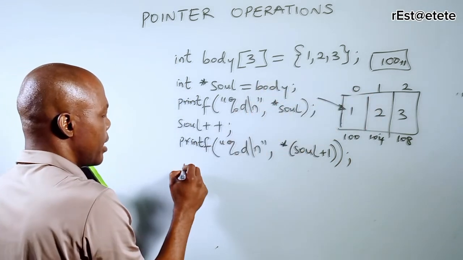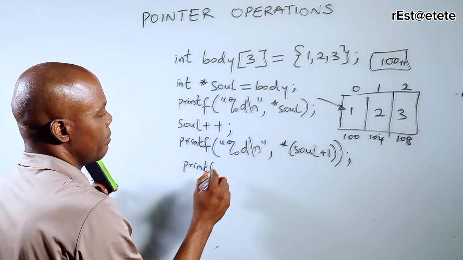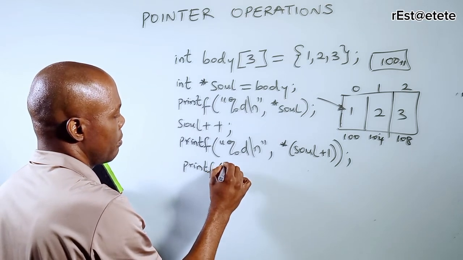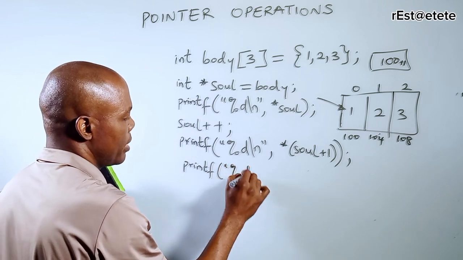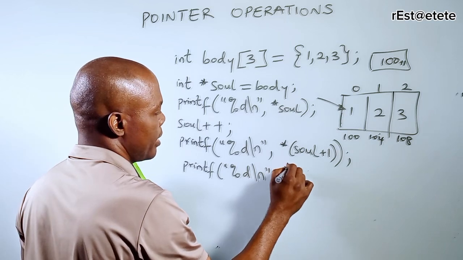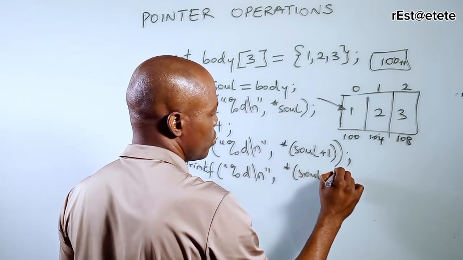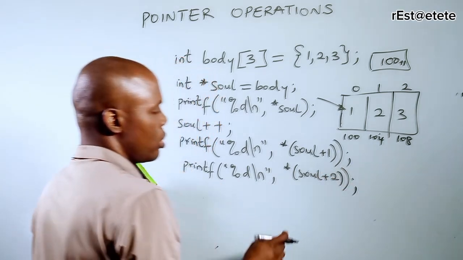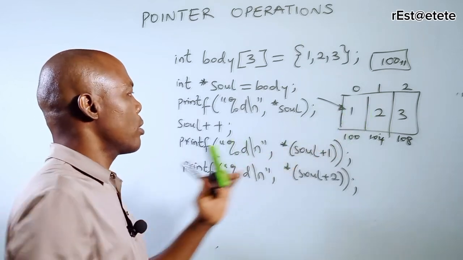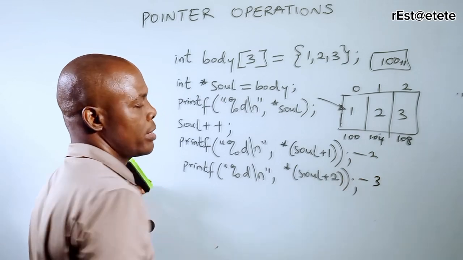To access 3, I will say printf %d \n, asterisk sol plus 2. So with this, I can print out, this one will print out 1, this one will print out 2, this one will print out 3.